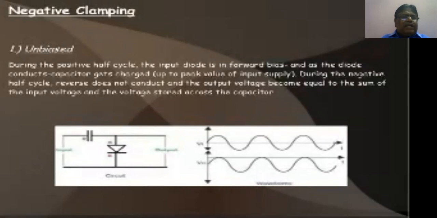Next, unbiased negative clamping. During the positive half cycle, the diode is forward biased, and as the diode conducts, the capacitor gets charged up to the peak value of the input supply. Next, during the negative half cycle, the diode does not conduct and the output becomes equal to the sum of the input voltage and the voltage stored across the capacitor.